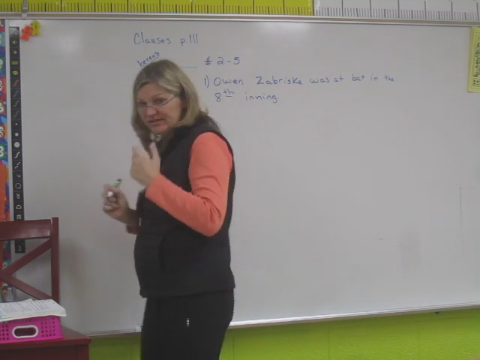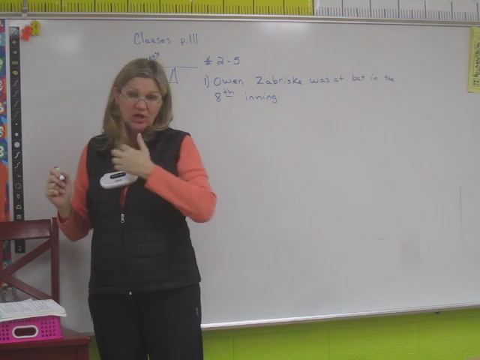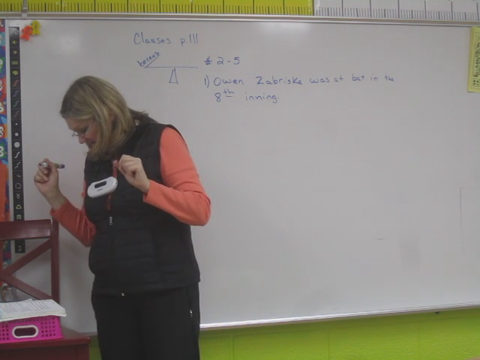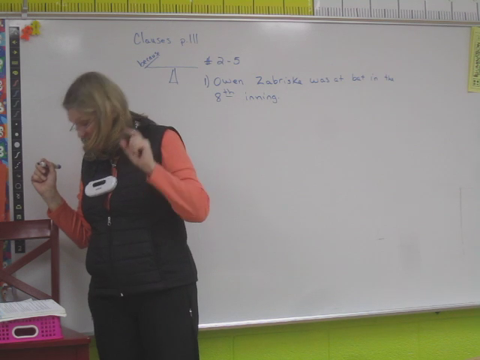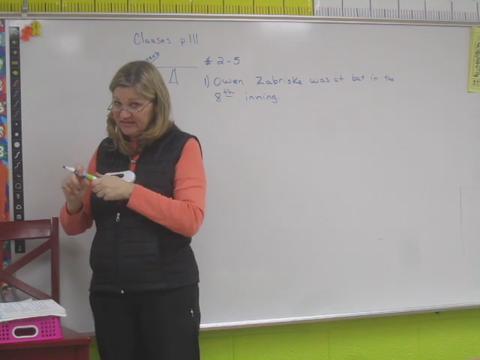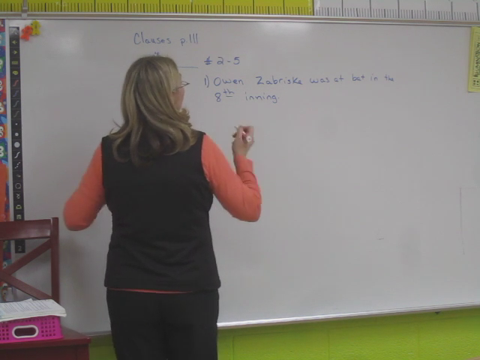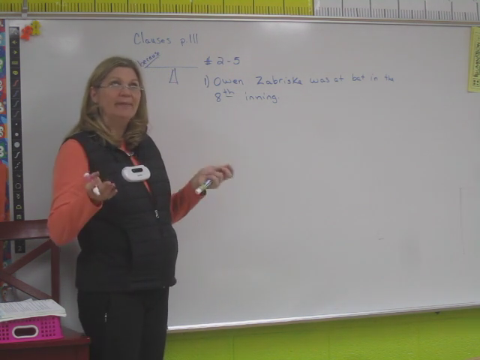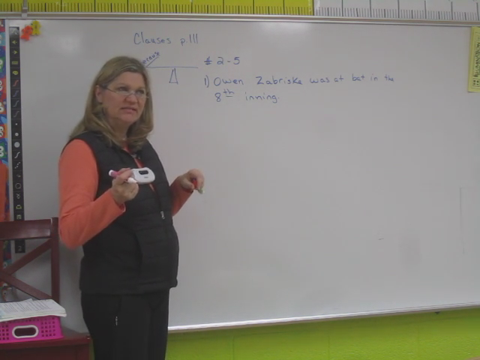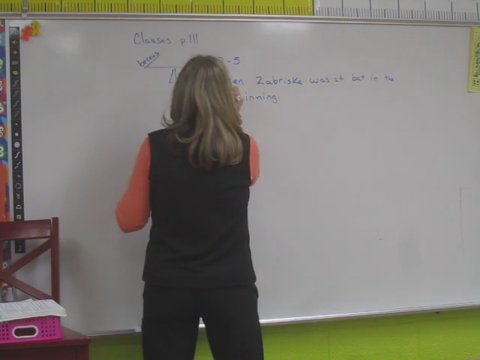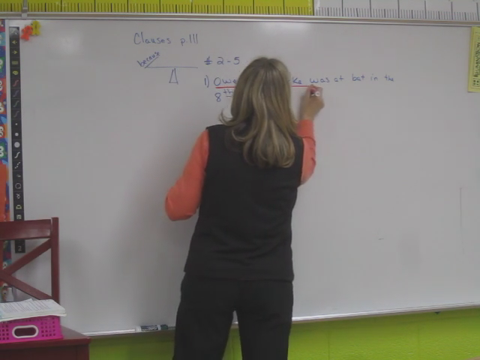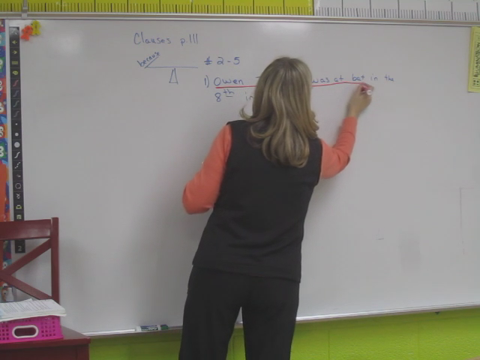And I would like you please to underline the independent clause once, that's a sentence, and the dependent clause twice. So here we go. Owen Zabriskie was at bat. Could that be a sentence by itself? Yeah, it could. So that is the independent clause.